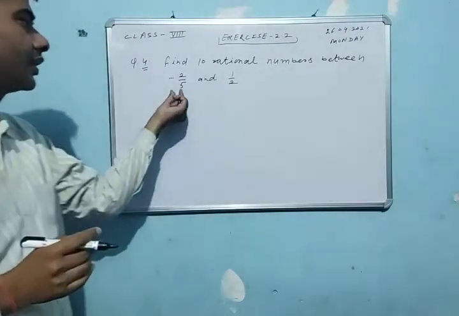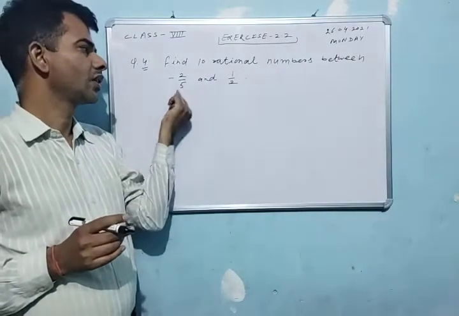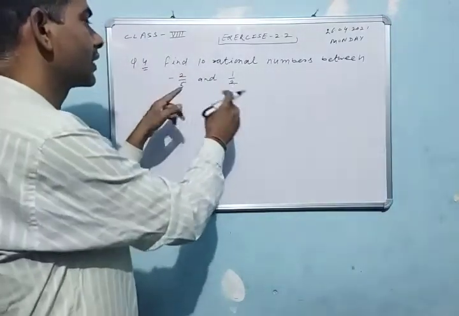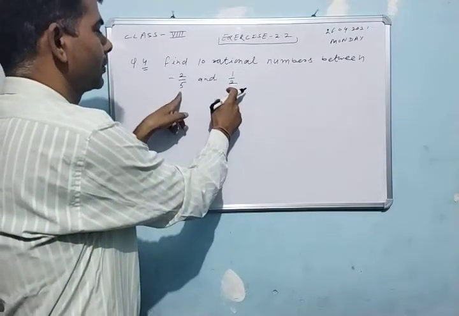Students, these are two rational numbers. We have to find 10 rational numbers between these two rational numbers.